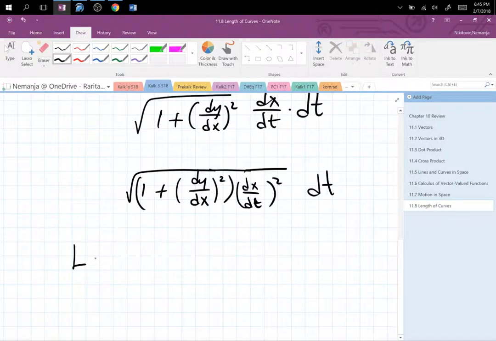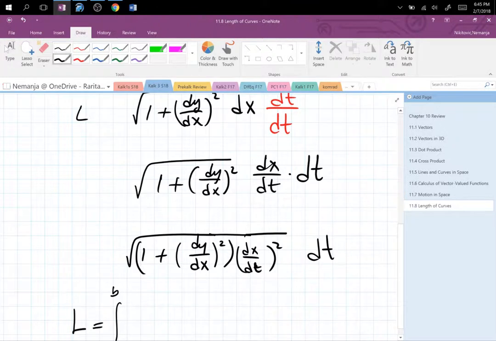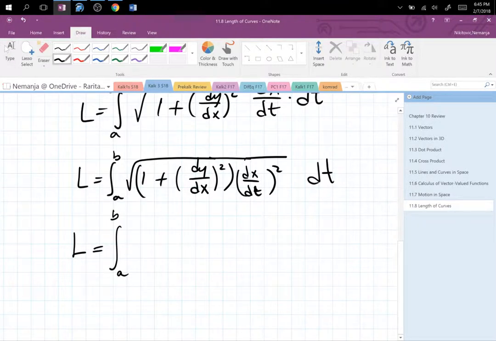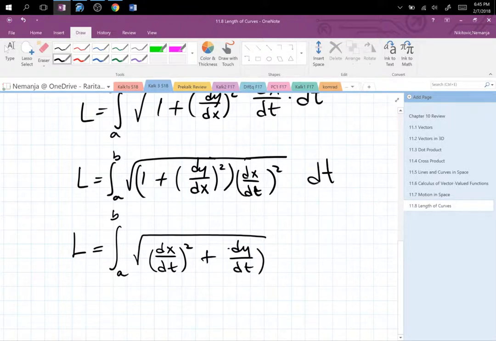And then when you multiply, you get (dx/dt) squared, which is the 1 when you multiply by it. And when you multiply these two, dx squared and dx squared cancel, and you have just (dy/dt) squared stay, and you have dt.